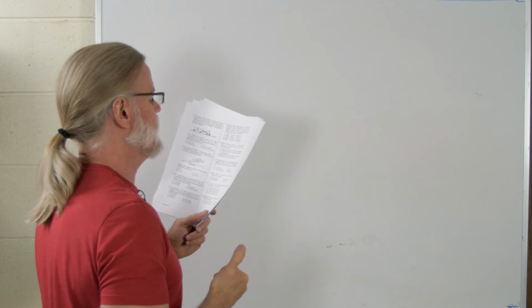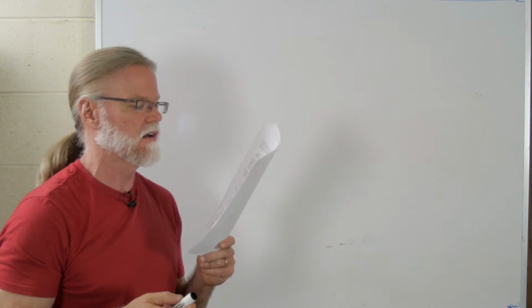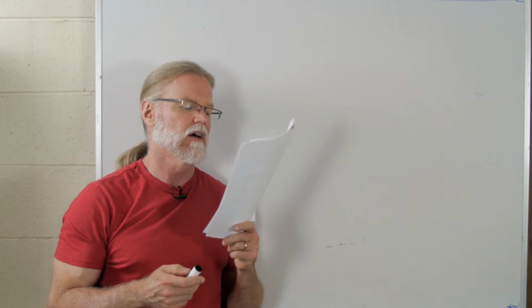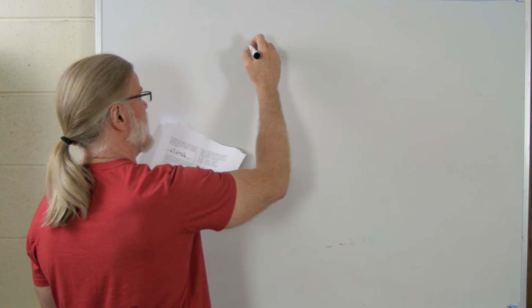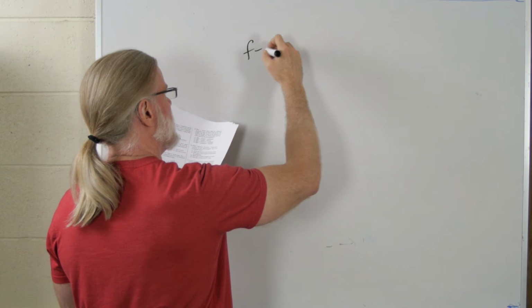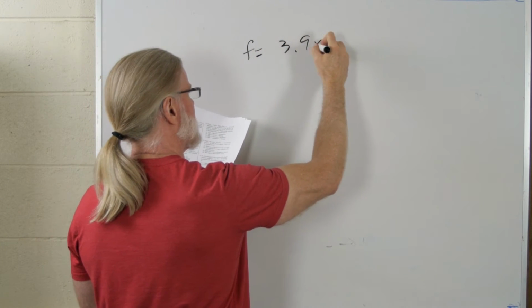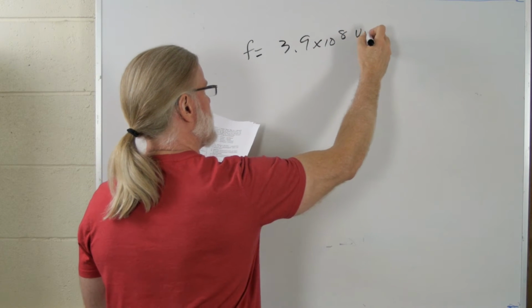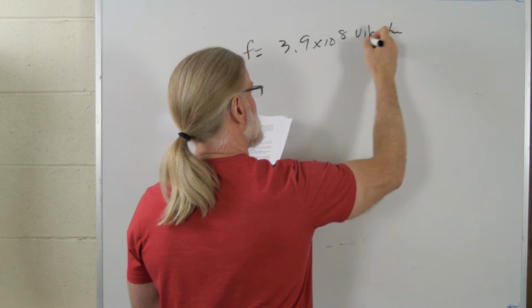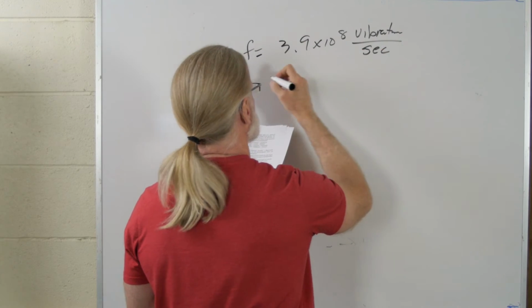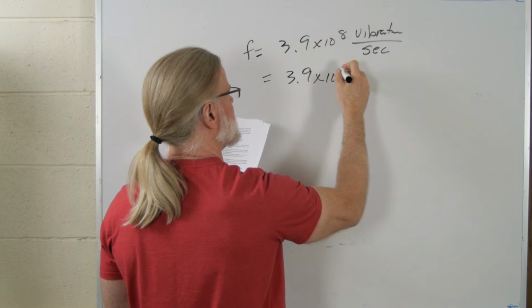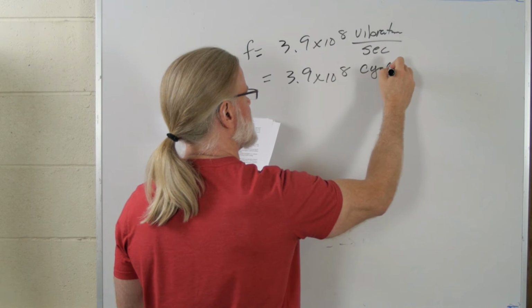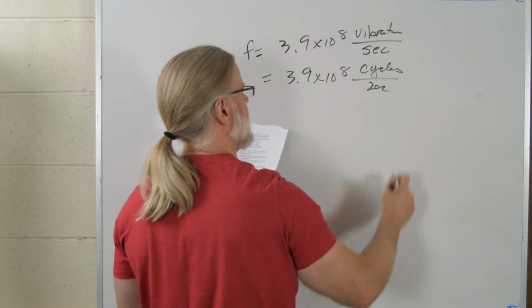17. An electromagnetic wave is produced by charged particles vibrating at a rate of 3.9 times 10 to the 8 vibrations per second, also known as a cycle per second. They just gave us a frequency. Frequency equals 3.9 times 10 to the 8th vibrations per second. I wonder if those are good vibrations. 3.9 times 10 to the 8th cycles per second would be another name for that vibration.